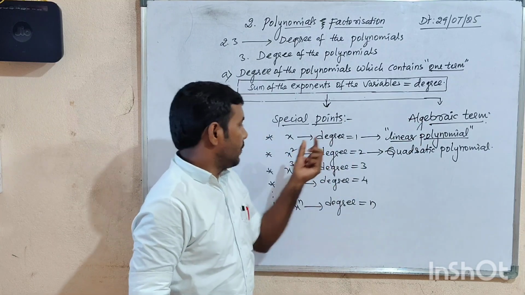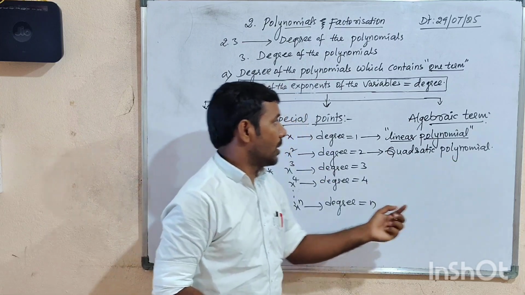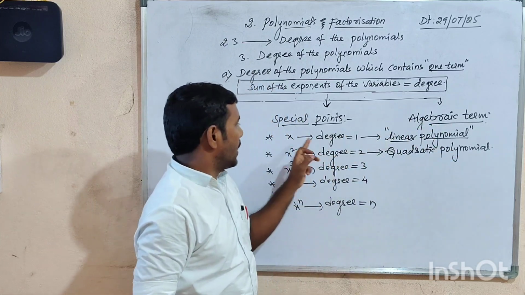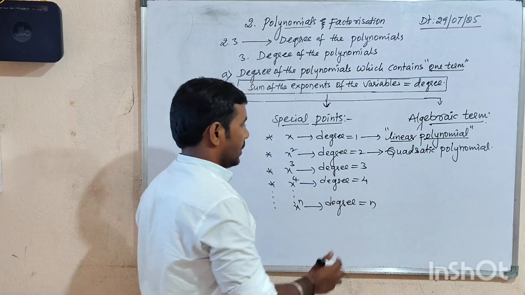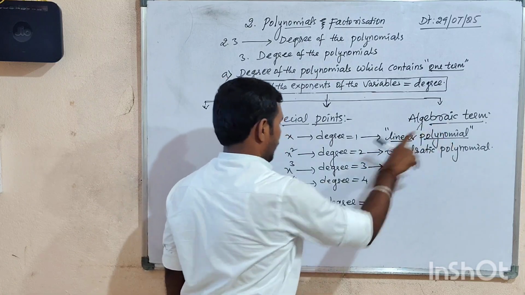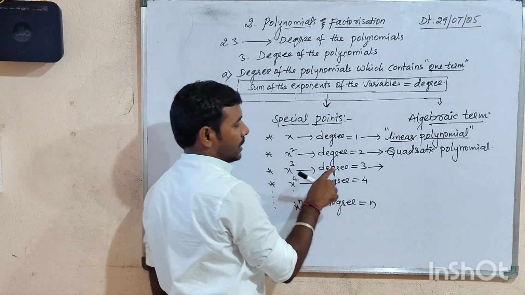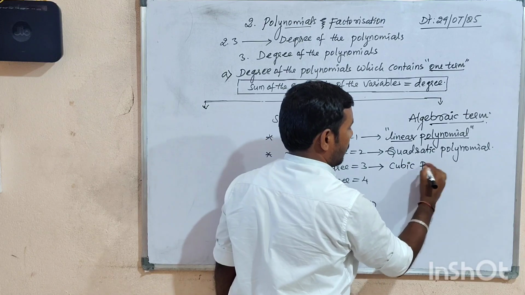The algebraic term which contains degree 2 is known as a quadratic polynomial. The algebraic term which contains degree 1 is known as a linear polynomial. So what about this case? The algebraic term which contains degree 3 is known as a cubic polynomial. Its name is cubic polynomial.